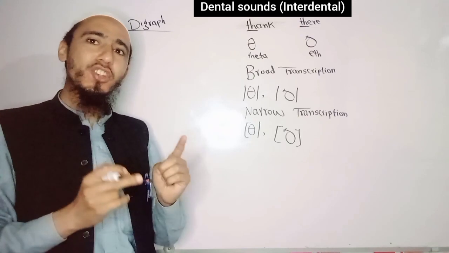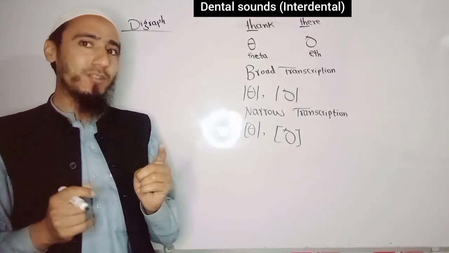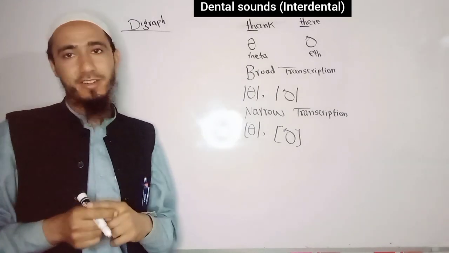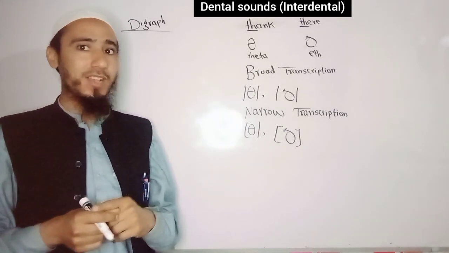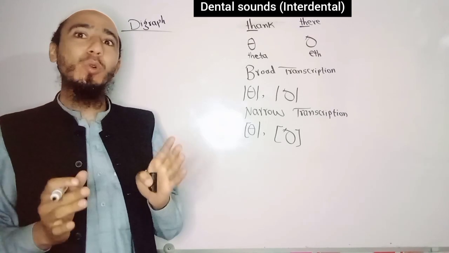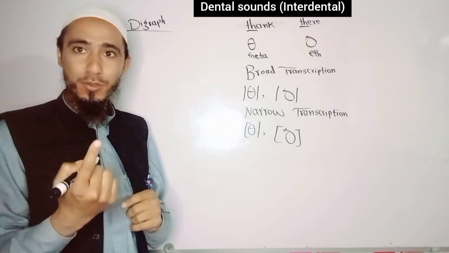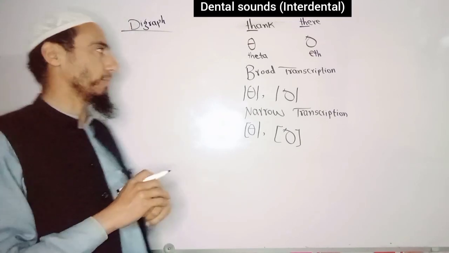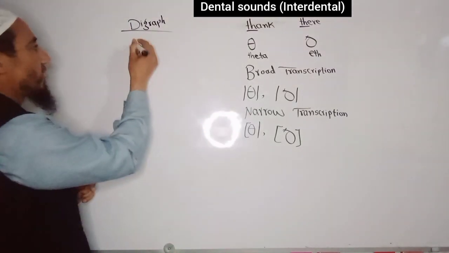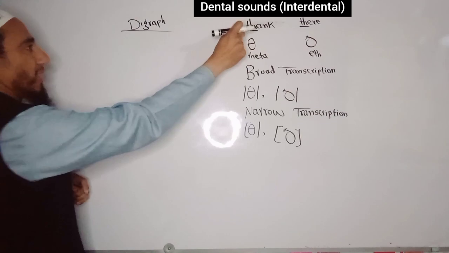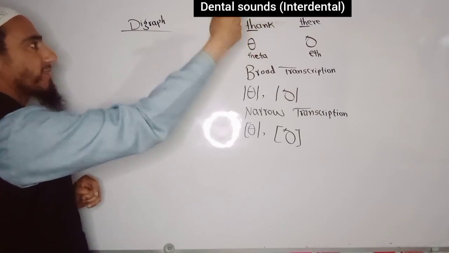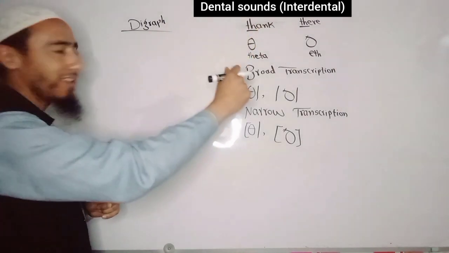The representation of a single sound is called a digraph. This is another definition. However, the combination of two letters which produce a single sound is called a digraph. This is the easiest definition. For example, one example is the sound. Another example is there. So there is a single sound.